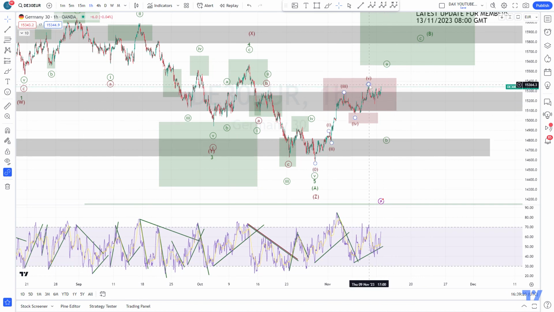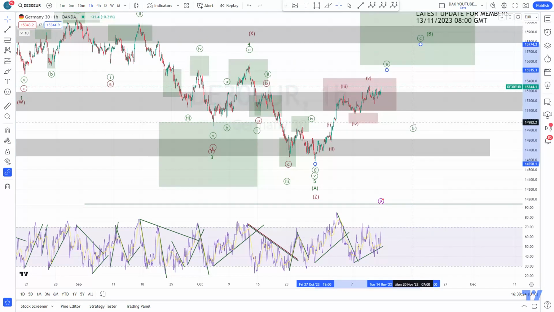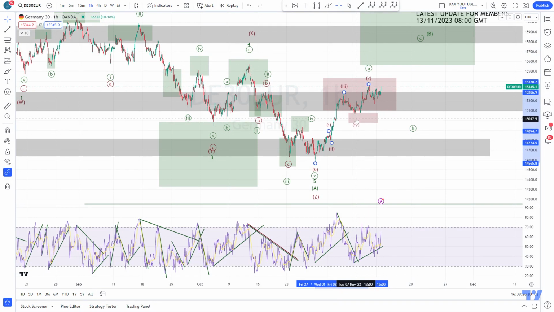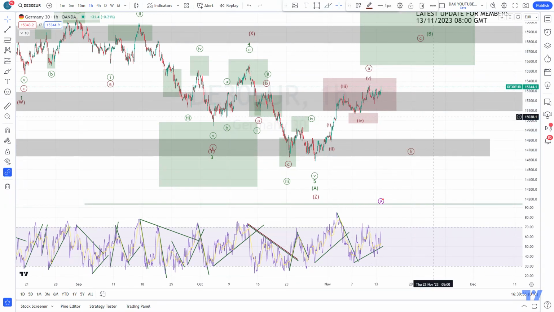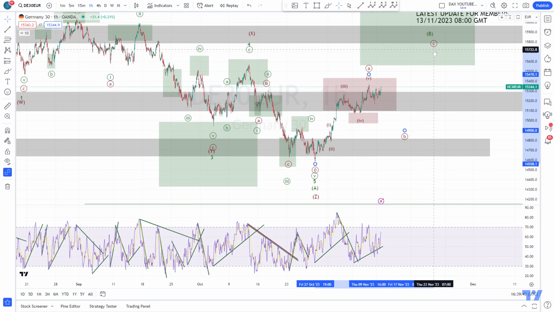So if we would not take out the high right here, I would actually go for the count in red right here, that we are doing an A, B, C structure as a wave B.